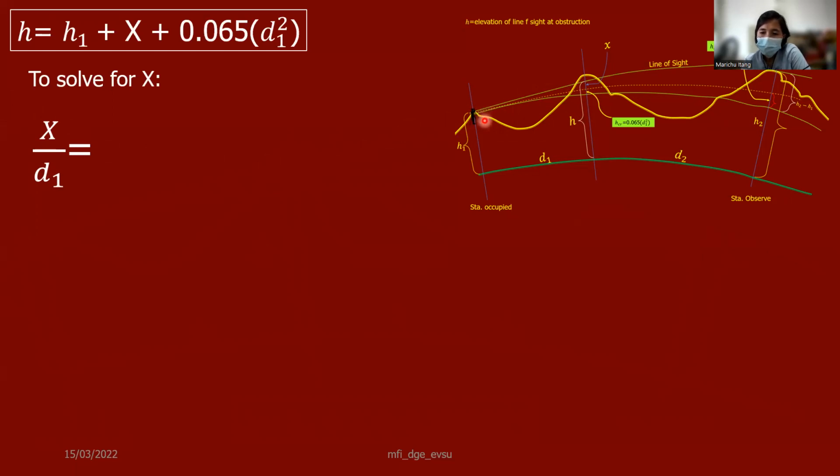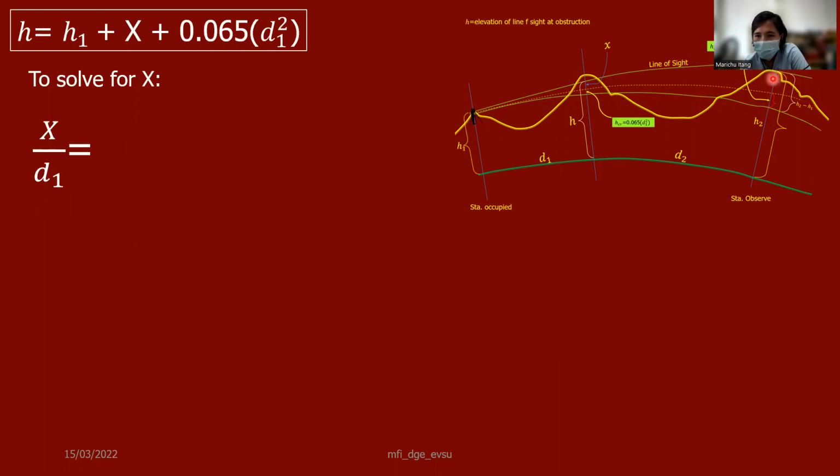This is also set proportional to this side here, and then the whole length, right? But this is D1 plus D2. If we take the ratio of the x over D1, that is equal to this side here over D1 plus D2, itong whole na D1, D2.